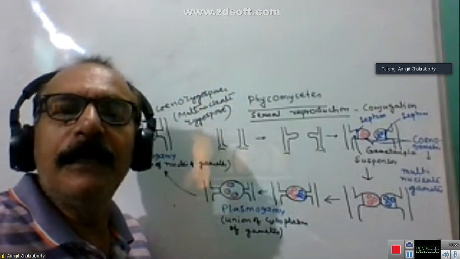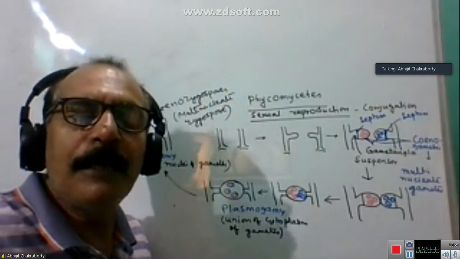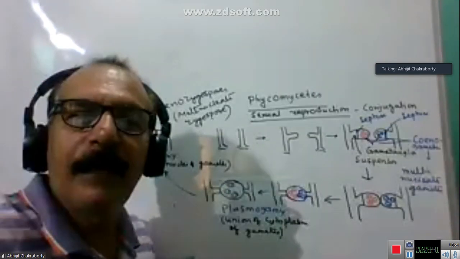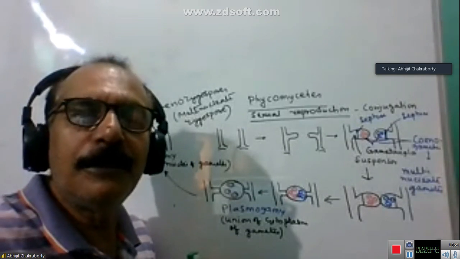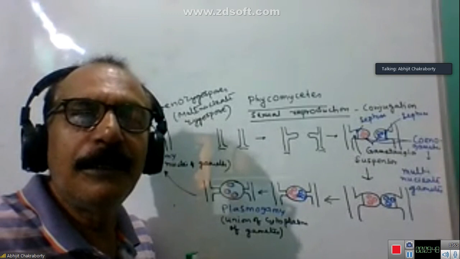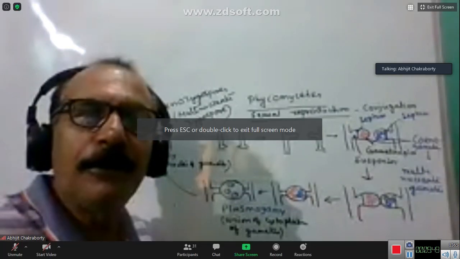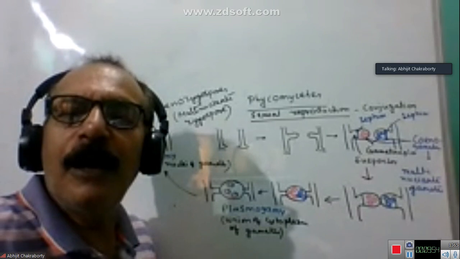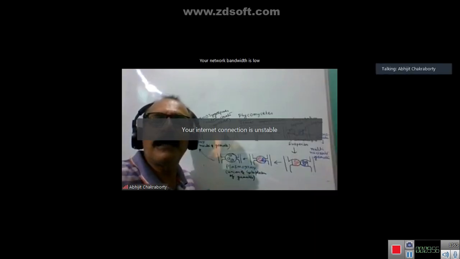Sometimes the question comes: the diploid cell produced as a result of sexual reproduction in Mucor. Listen carefully. The diploid cell produced in sexual reproduction in Mucor is called, as the options, zygote, zygospore, oospore, and zoospore. Out of these four options, which one should be correct? Raise your hand.